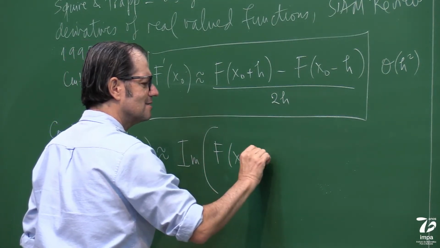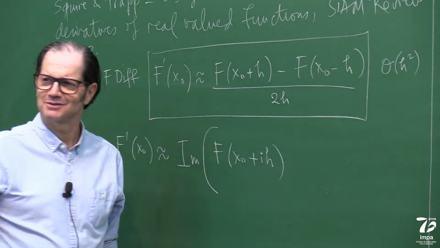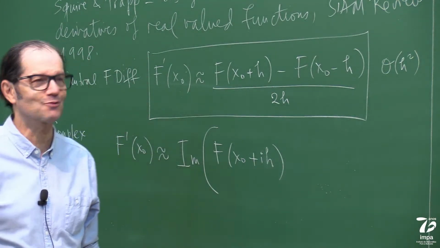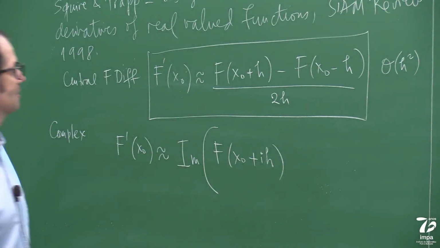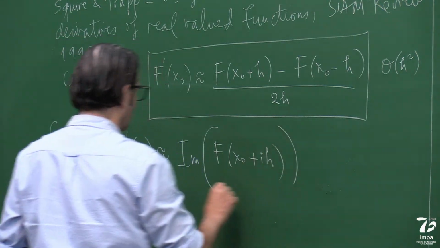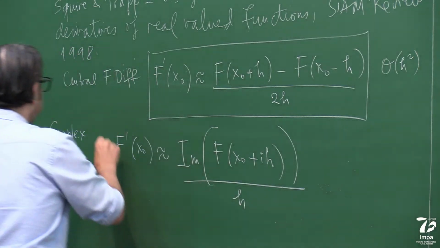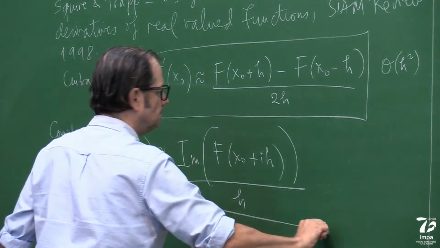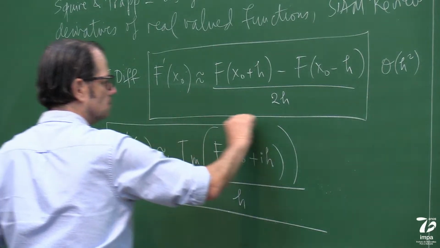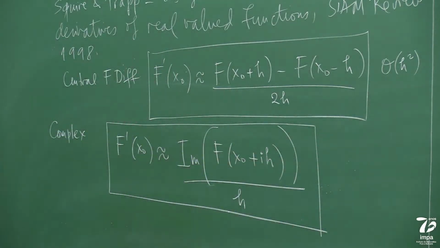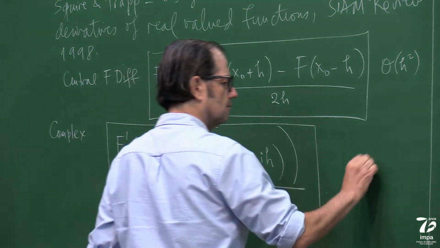So it's a complex imaginary step. Doesn't this look weird? It looks weird at first, right? But we're going to make this clear. So, very strange. This is also going to be order h squared.